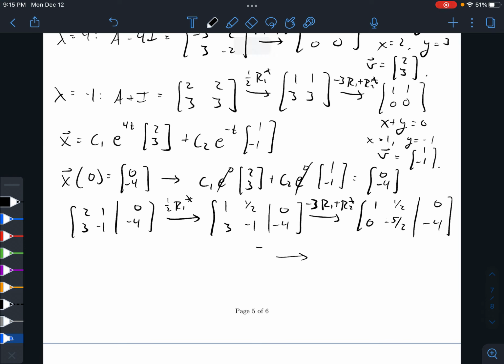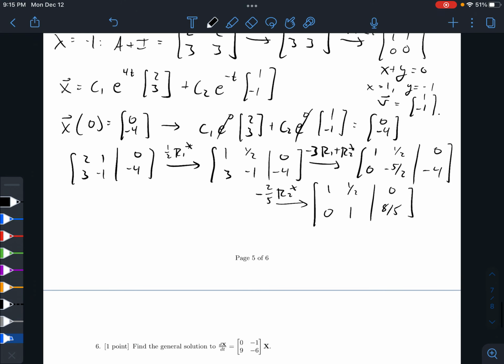I want this to be a 1, so let's multiply by the reciprocal, negative 2/5, times row 2. And so that becomes 8/5.